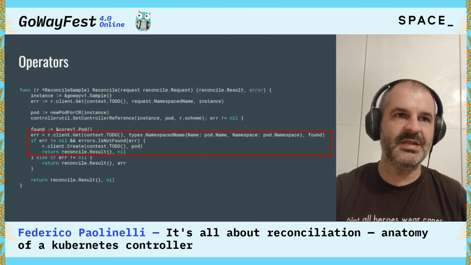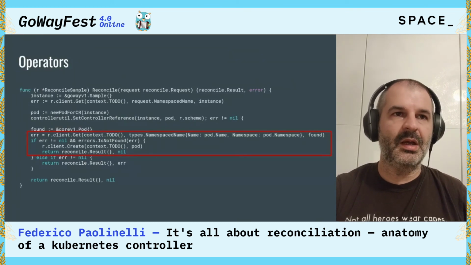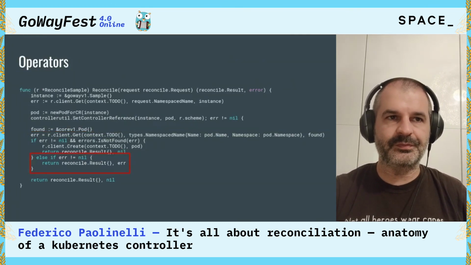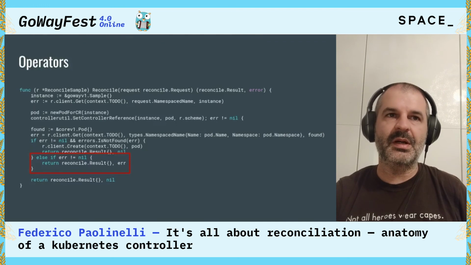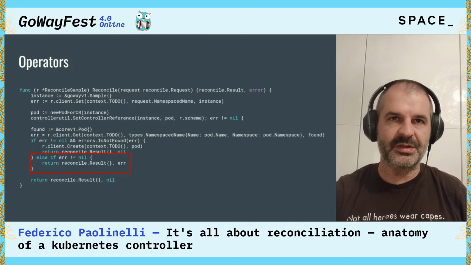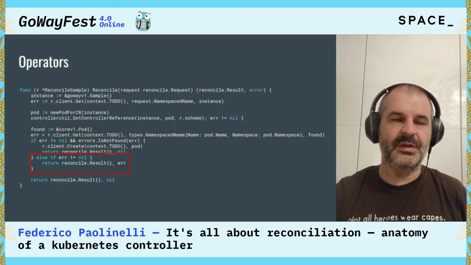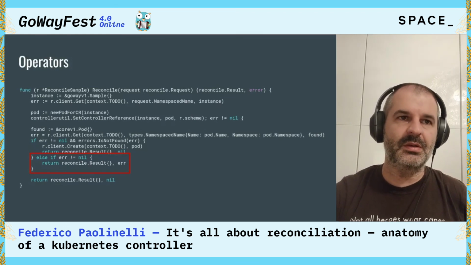If it doesn't exist, we create it. If there is some kind of error, we return the error and it will result in a retry. There are also other ways to force a retry. The Requeue parameter of the result is the one you are looking for.